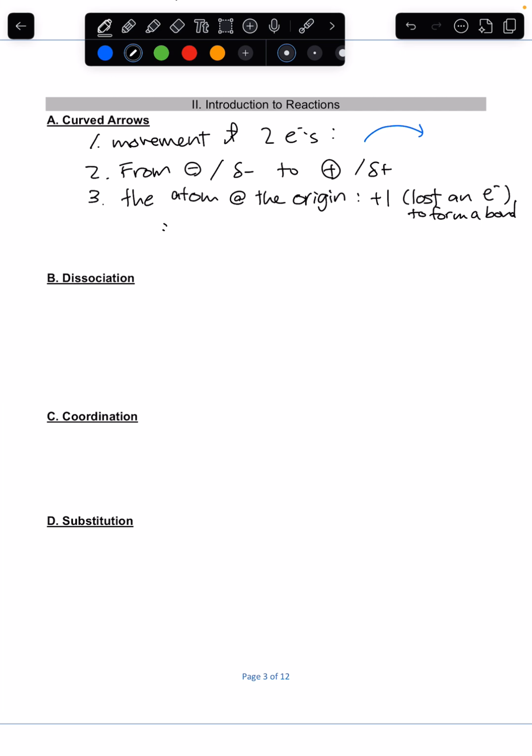The atom at the destination of the movement of those electrons usually gains a -1 charge because it gained an electron, and usually that's to form a bond. I hope this also makes sense: arrows must start at either a lone pair or a bond that's breakable.